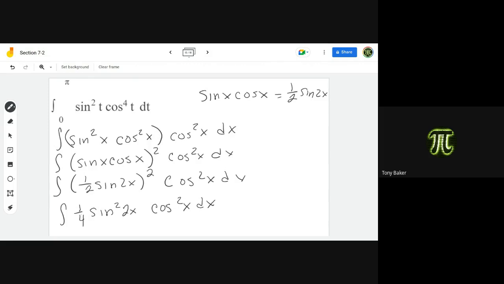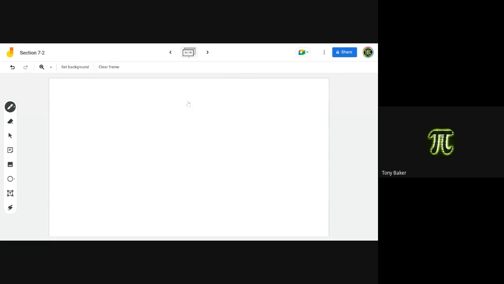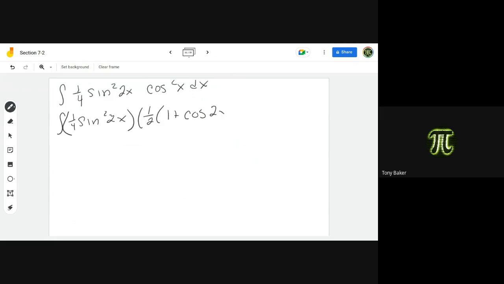Another slide, running out of room again. Changing cosine squared x, 1 plus that one. All right, so I got 1/4 sine squared 2x times 1/2 1 plus cosine 2x dx.